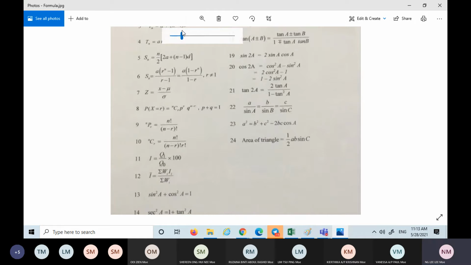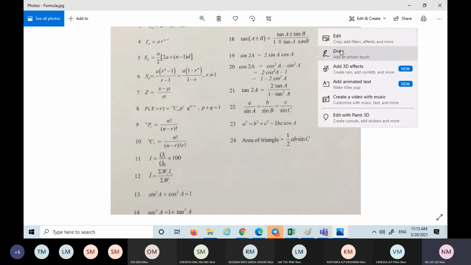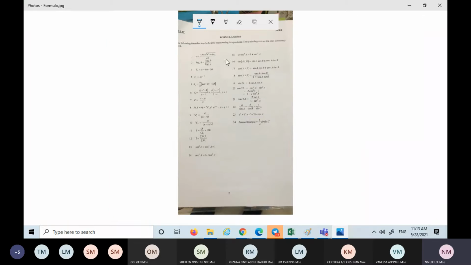Let us see what you have here. This one is your AP and GP. This one is normal distributions, which we're going to learn. Can I draw? Then I cannot make it bigger?